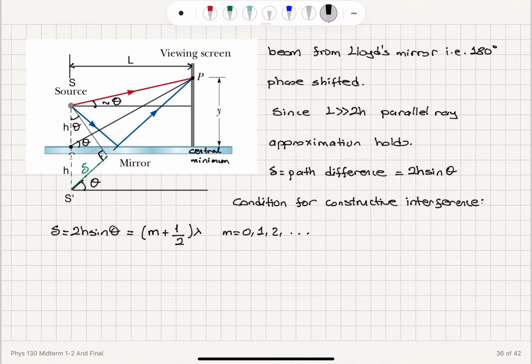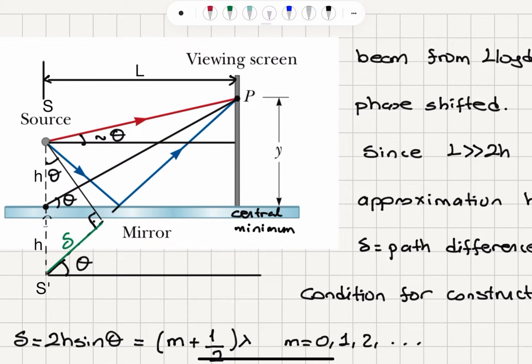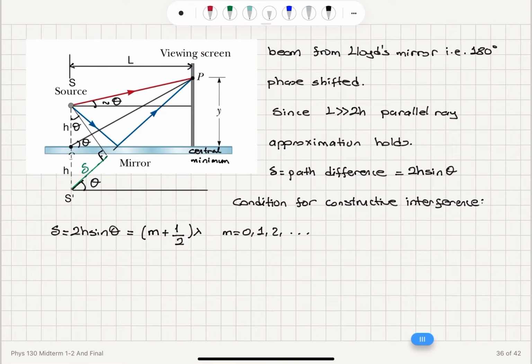Okay, so if you look at tangent of this angle theta, it is y divided by L, the distance to the screen. So tangent theta is y over L. And when we look at this pattern close to the center, we're looking at small angular displacements.